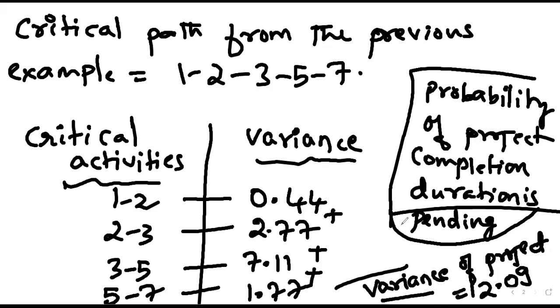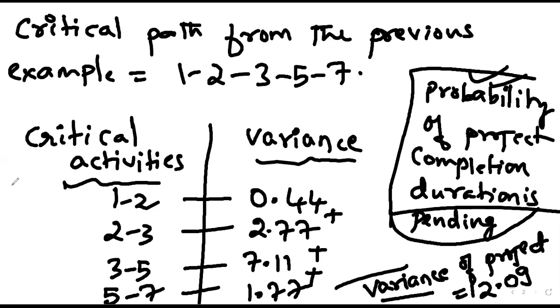So this is what this topic is all about: probability of project completion duration. Here there are 3 different time estimates. For each of the activities, the project manager has mentioned the optimistic time estimate, pessimistic time estimate, and the most likely time estimate. And there is every possibility that the project completion duration also may vary.